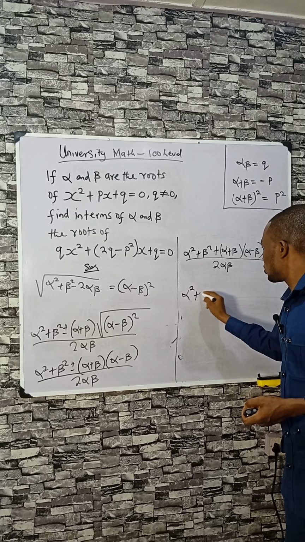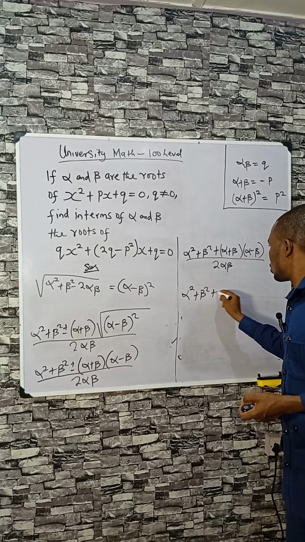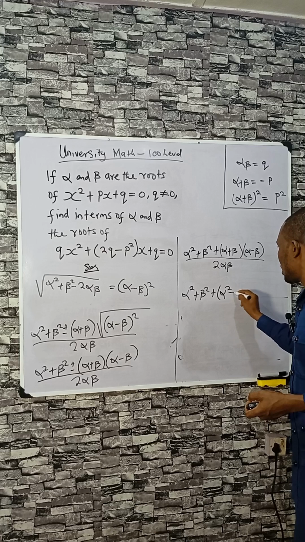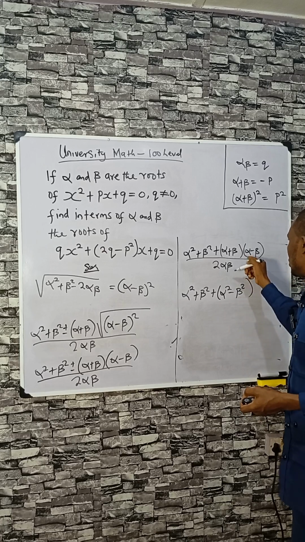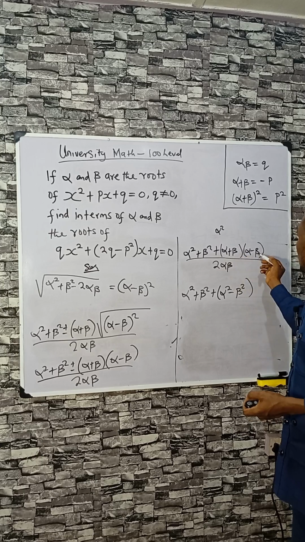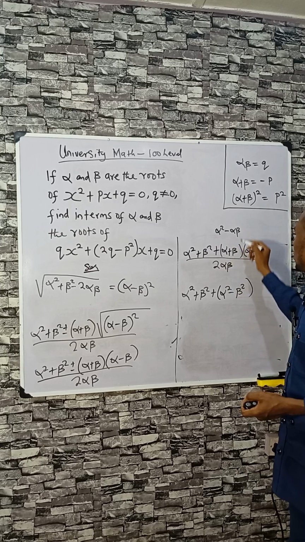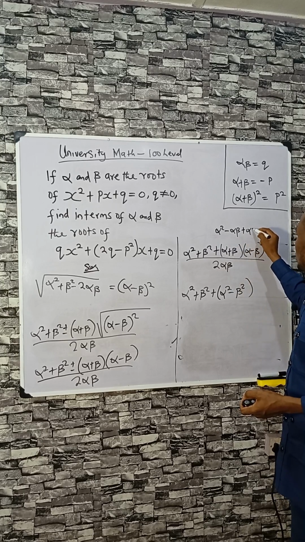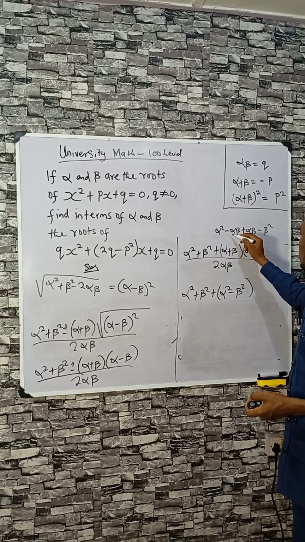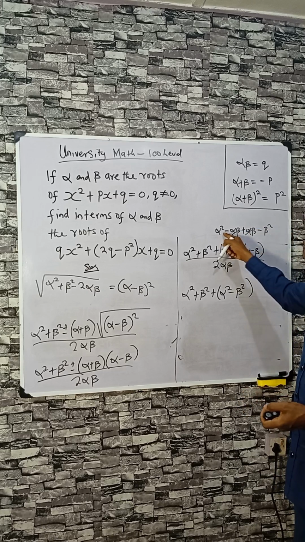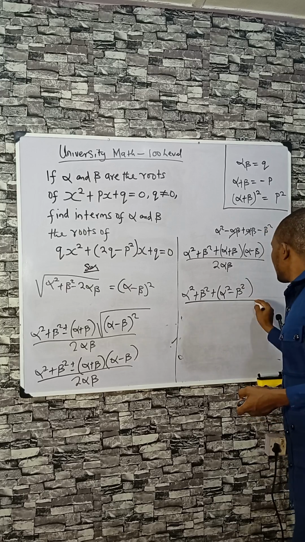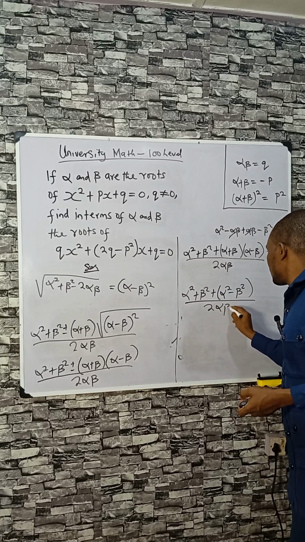If you expand this, you will have alpha squared minus beta squared. Let's check. This times this is alpha squared. This times this is minus alpha beta. This times this is plus alpha beta. Then this gives you minus beta squared. This and this will go. So we have alpha squared minus beta squared. That's why it's here, divided by 2 alpha beta.